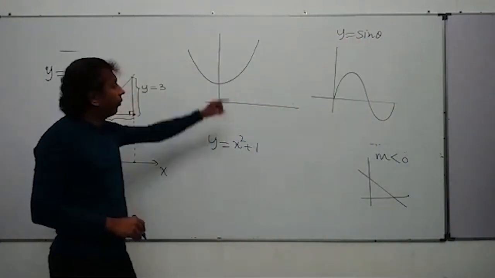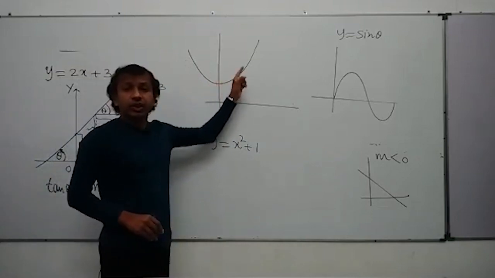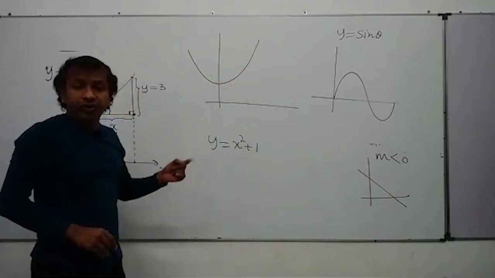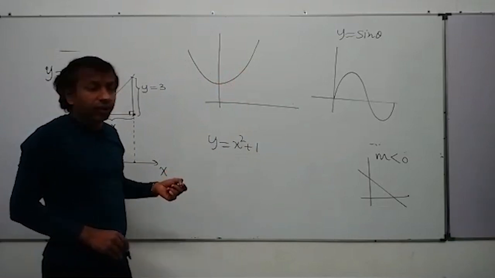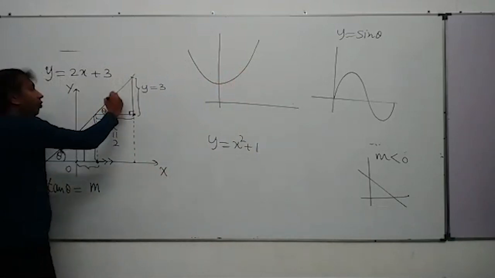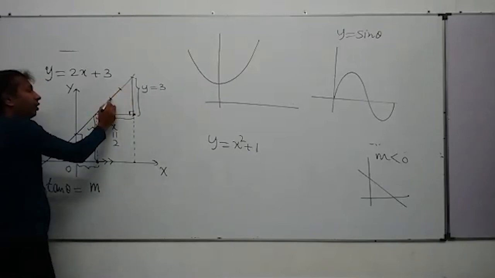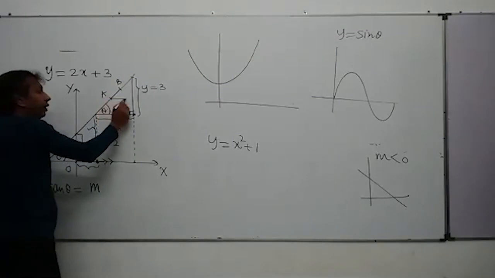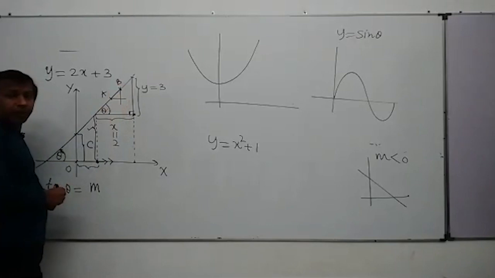People, when you move along this kind of curve, not like a straight line, you can see that from point to point, the rate of change of y changes. For example, on this kind of straight line, when you move from A to B, we have moved to the right and we have moved upward.